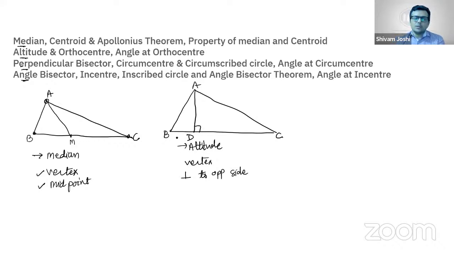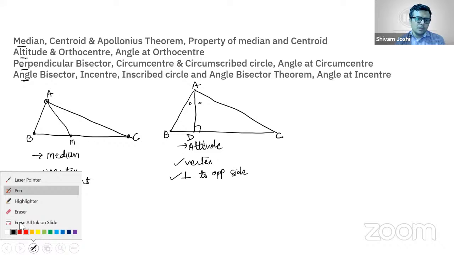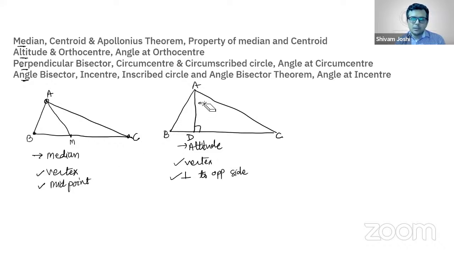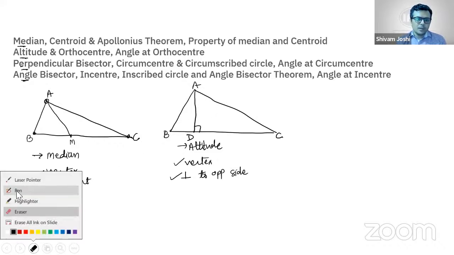This is what you can say an altitude is, right? Altitude will again have two qualifications, which is passing through vertex and perpendicular to the opposite side. It will not necessarily pass through the midpoint of the opposite side. It will not divide this angle equally, right? Again, please avoid taking the additional assumptions.